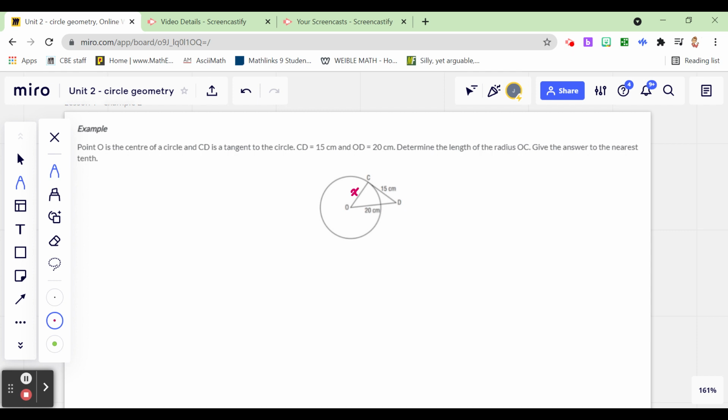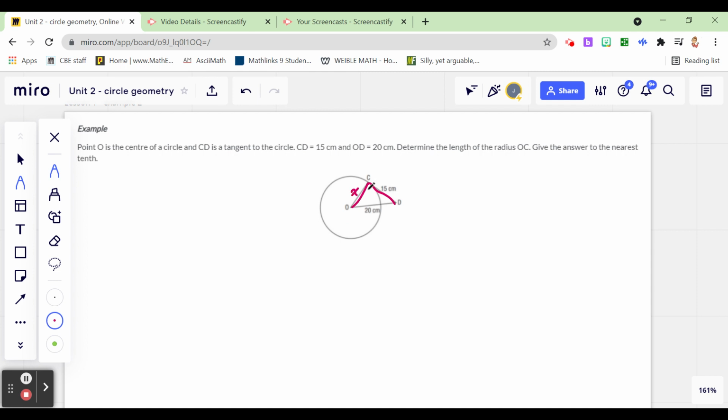Now, when I have a triangle and I know two of the sides and I need to find the third, that makes me want to use the Pythagorean theorem. But you can only use the Pythagorean theorem if you know it is a right angle. From watching the videos above, we learned that a tangent line and its radius are perpendicular to each other.